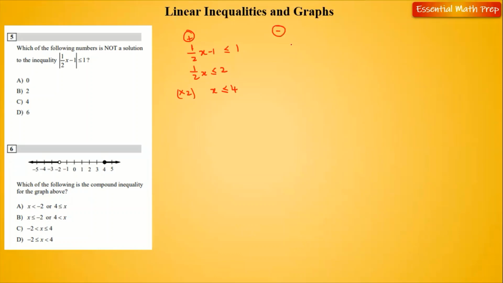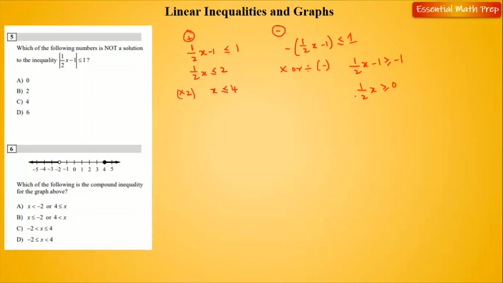So the negative domain would be -1/2 x minus 1 less than or equal to 1. You can multiply or divide by a negative throughout the expression, which results in flipping the sign of the inequality. So you add 1 to both sides. So 1/2 x is greater than or equal to 0.